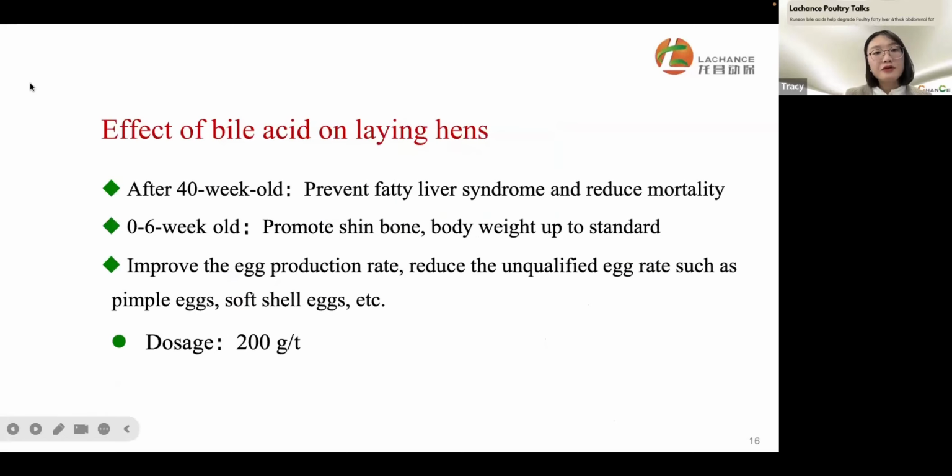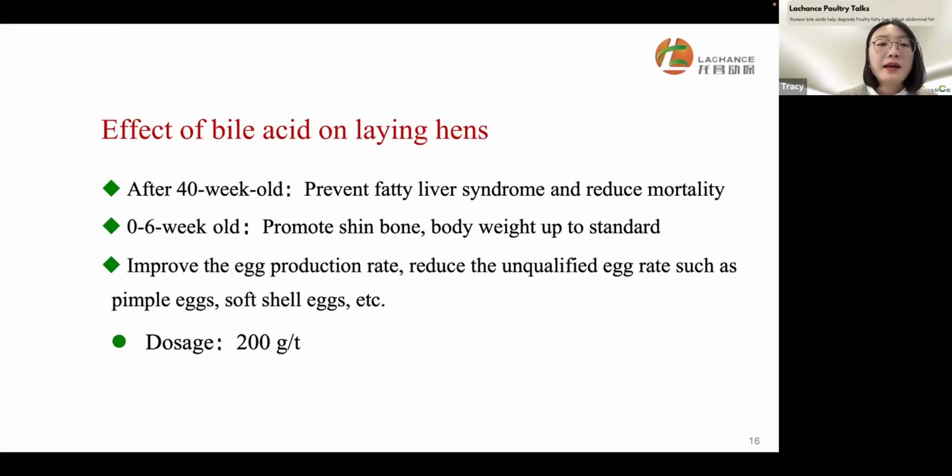Here, I would like to summarize the effect of bile acid on laying hens. First of all, for laying hens after 40-week-old, bile acids can prevent fatty liver syndrome and reduce mortality.